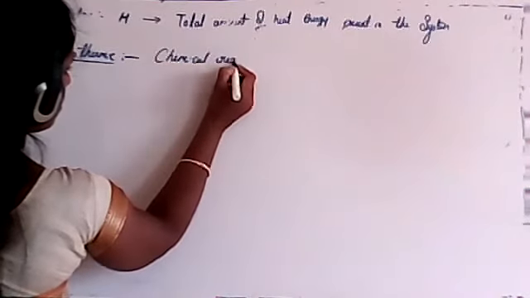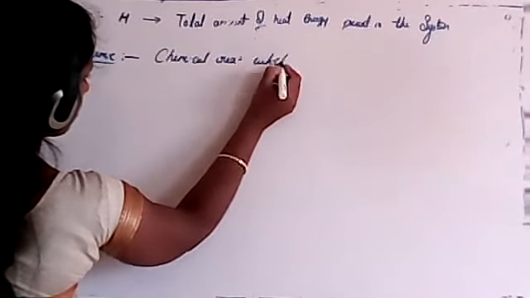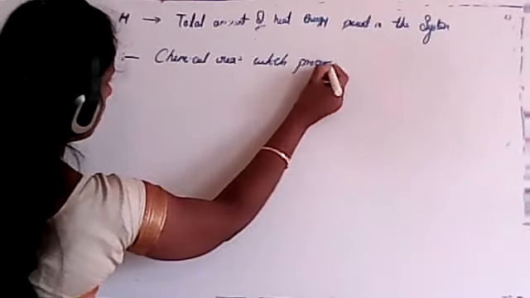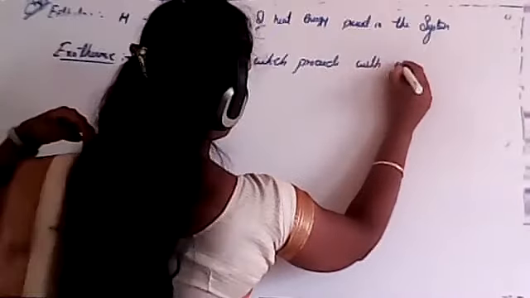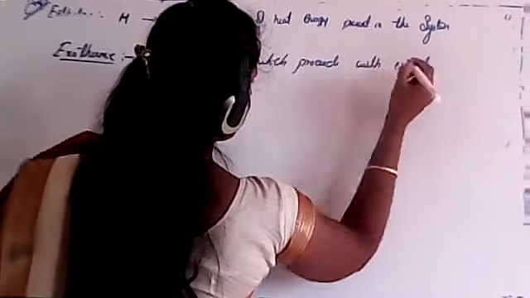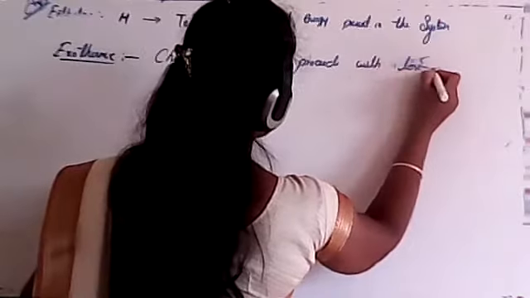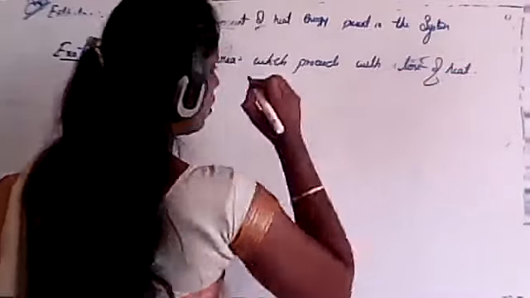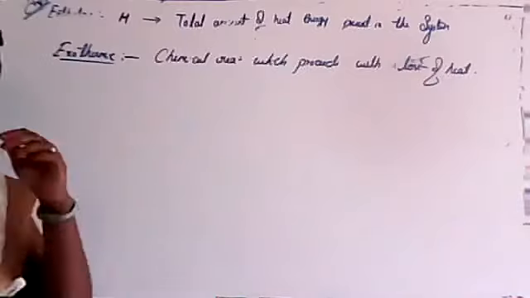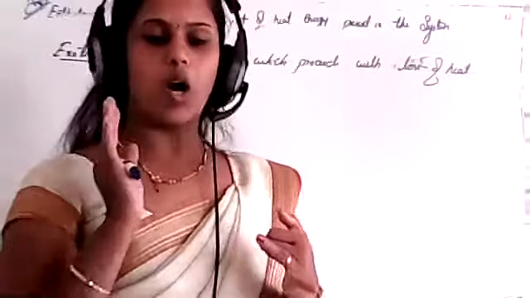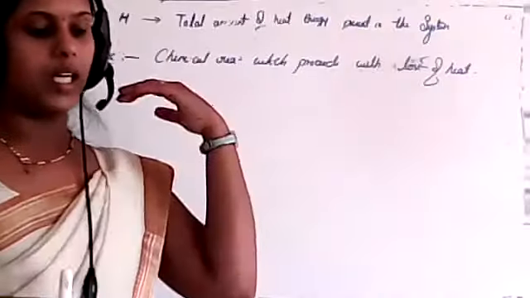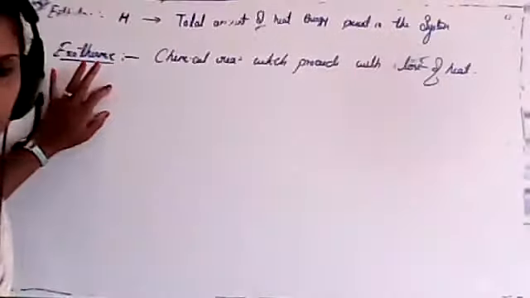Yes, this is a chemical reaction which proceeds with evolution of heat, or loss of heat, whatever you want to write. Evolved or lost. Clear? Evolution or loss of heat energy is known as an exothermic reaction.